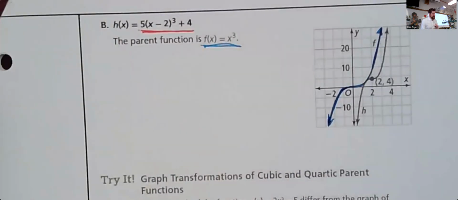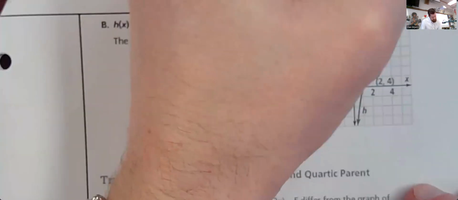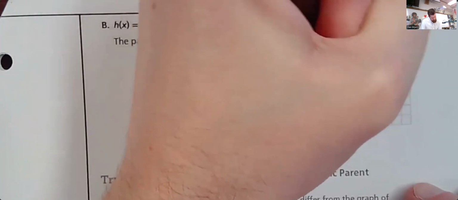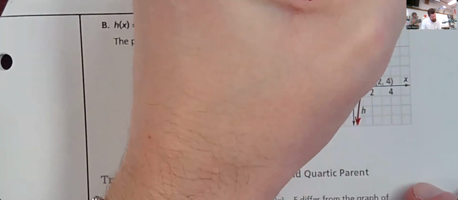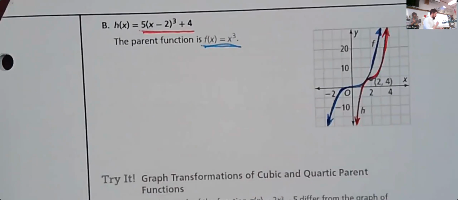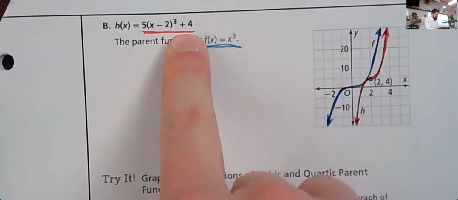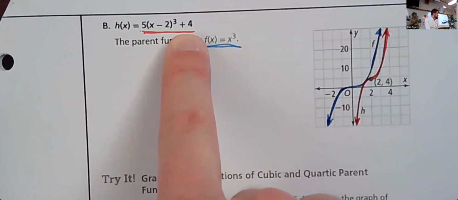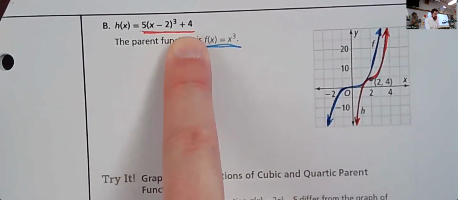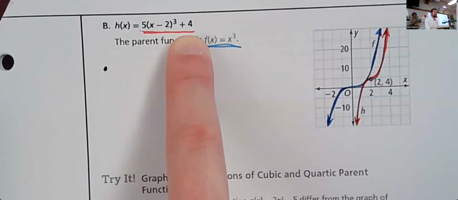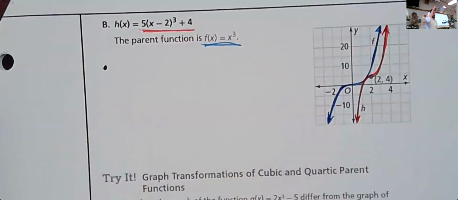Here's our second function, h of x. We have a plus after all the parentheses and stuff. What does that mean? What does a +4 at the end mean? Up 4, yeah.